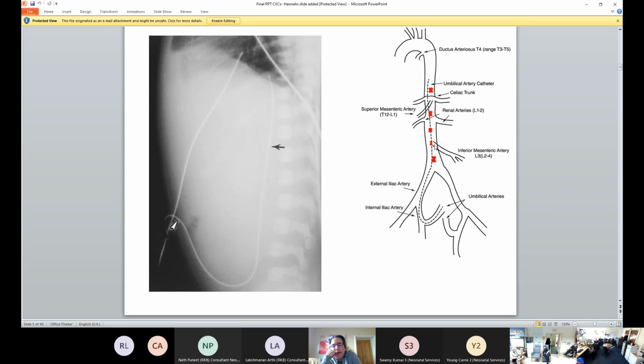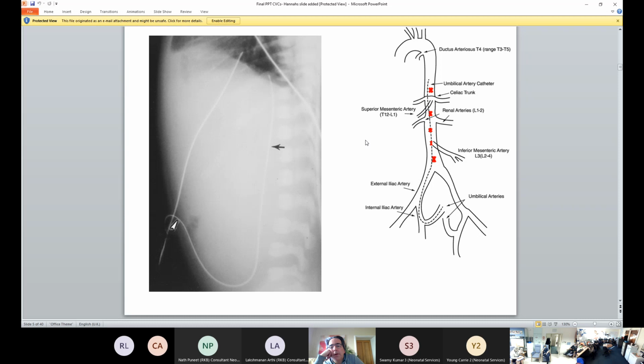The first area is between L1 and L2, where the inferior mesenteric artery arises to supply the bowel. The second important area is between thoracic vertebra number 12 and lumbar vertebra number 1, because there is a group of arteries here supplying the bowel and the kidney: celiac trunk, superior mesenteric artery, renal artery.